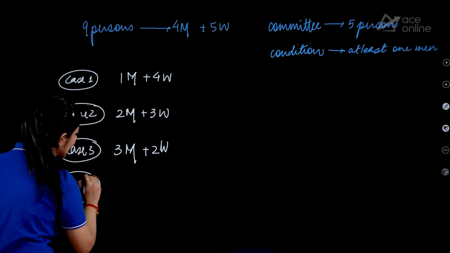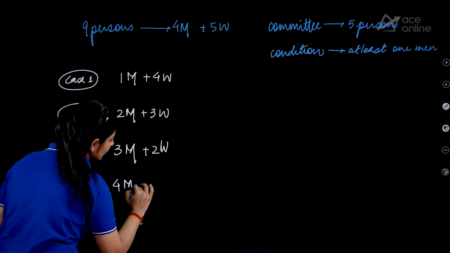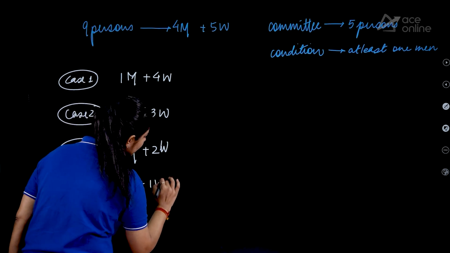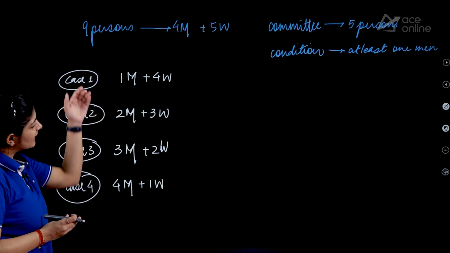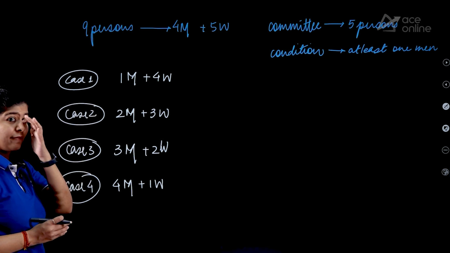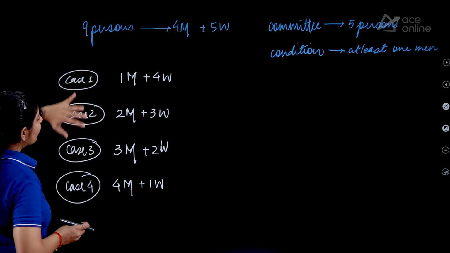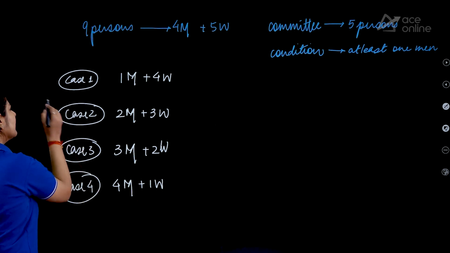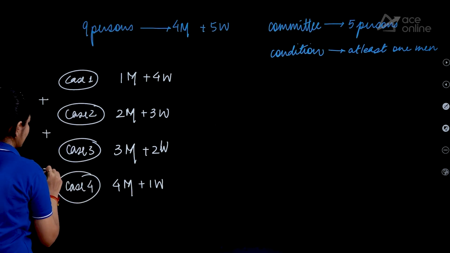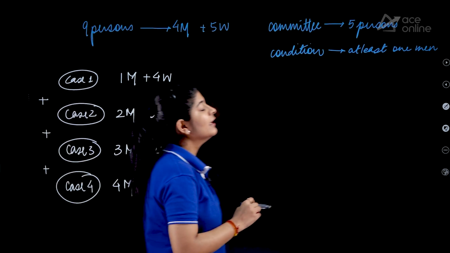Case 4 says that 4 men and 1 woman. These are the possible cases. In each and every committee we are having 5 persons, and whenever we are having different cases, what we need to do? We need to add all the values.